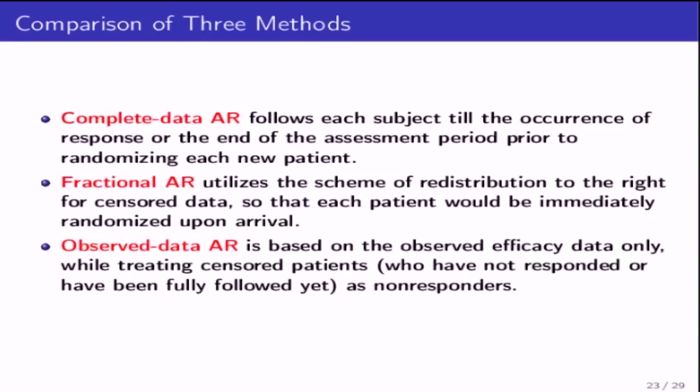But that's obviously wrong, because even though the subject has not responded by the time you are evaluating and trying to assign the next cohort of patients, this subject could possibly respond later during the follow-up. That's the naive method we want to compare, which actually is the current practice of many delayed response trials being conducted.